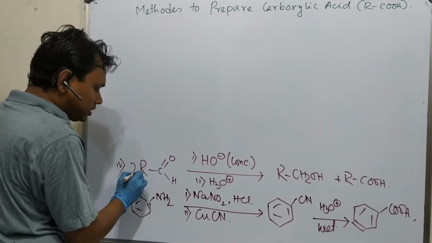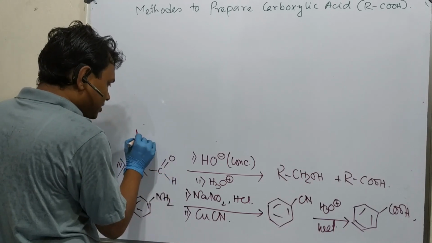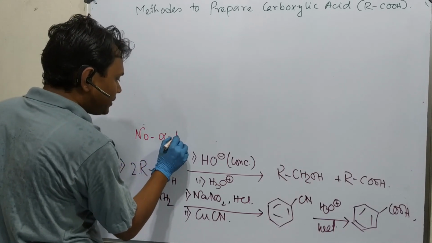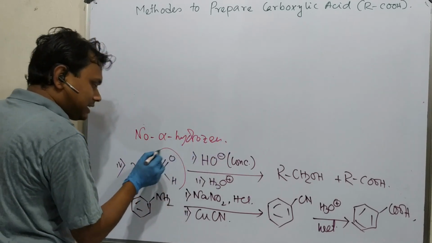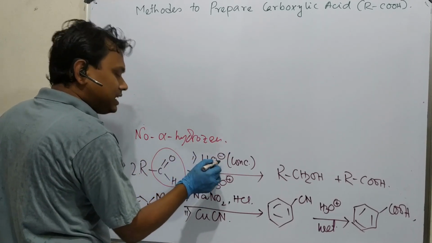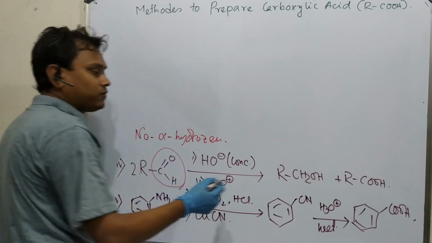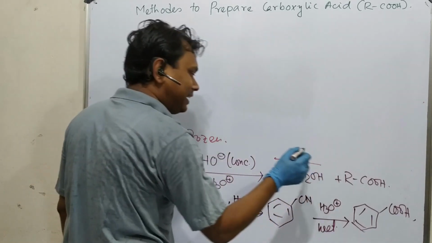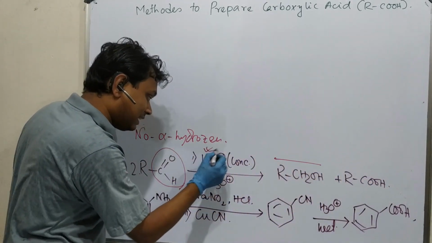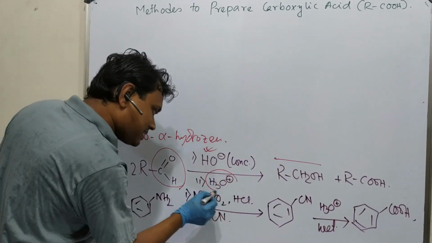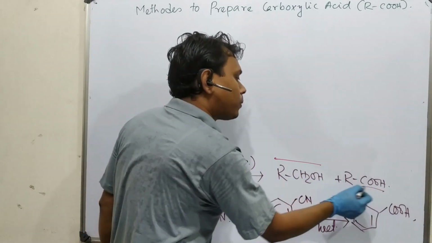Here two molecules of an aldehyde with no alpha hydrogen, in the presence of alkali, are converted: one molecule into alcohol, another into the corresponding carboxylate salt. Remember, the medium is alkali, so after acidic workup, the acid is obtained.